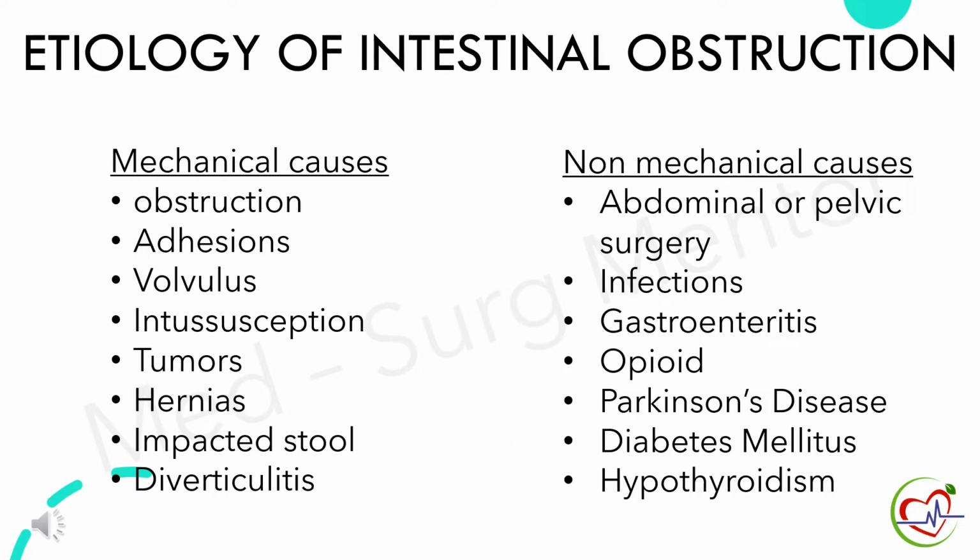Next is etiology of intestinal obstruction. Etiologies can be divided into two, and they are mechanical causes and non-mechanical causes. Mechanical causes are obstruction, adhesions, volvulus, intussusceptions, tumors, hernias, impacted stool, and diverticulitis.